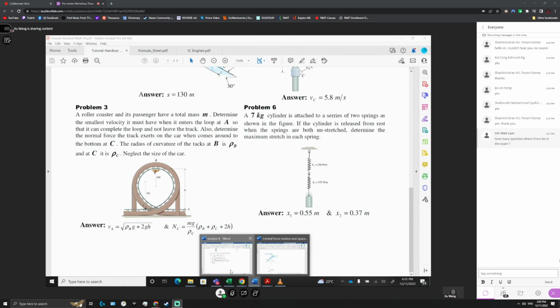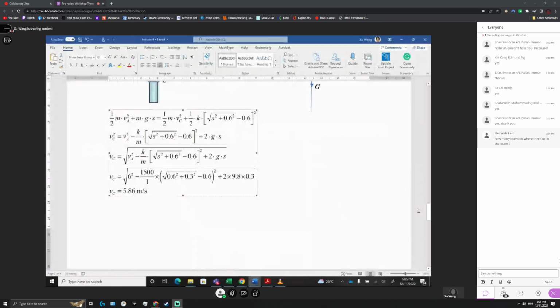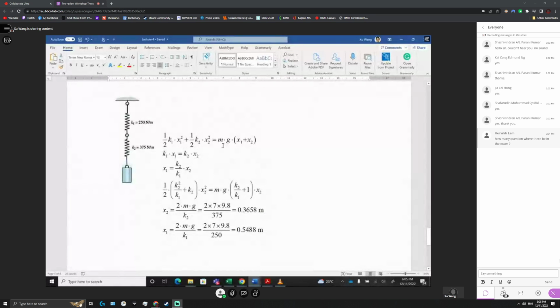At the beginning, we have mg x1 plus x2, the gravity potential energy, in the first position without any deformation, from rest. After release, there will be stretch, x1, x2. After stretch, you get the spring potential energy of the two springs. In the second position, spring potential energy equals the gravity potential energy. Okay, this is the equation.